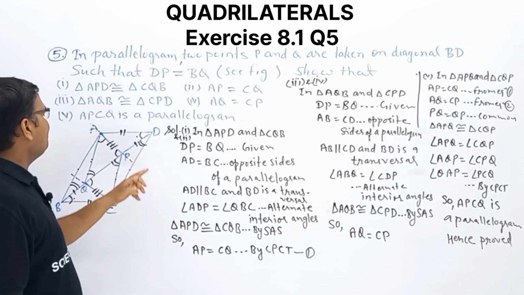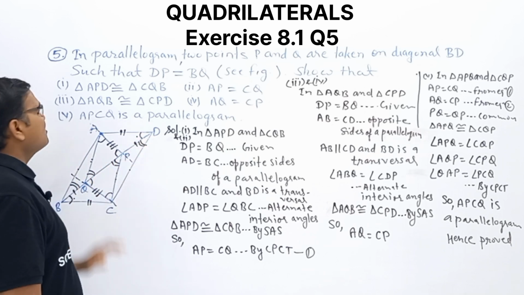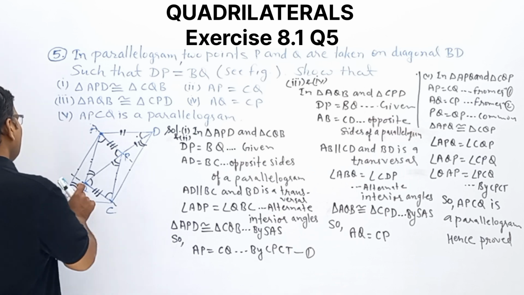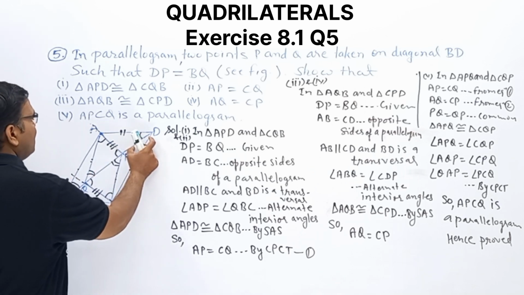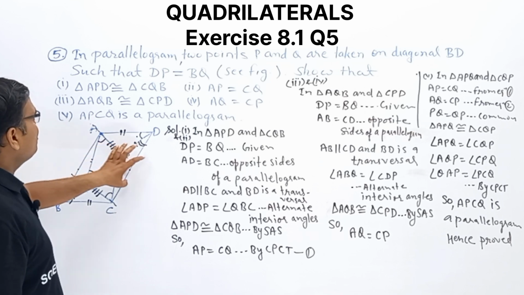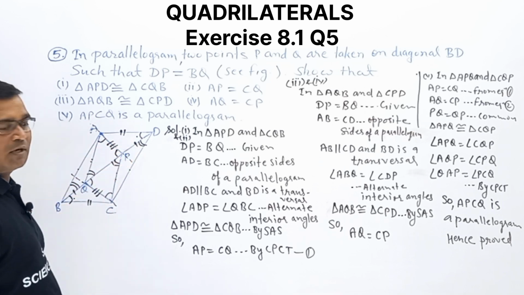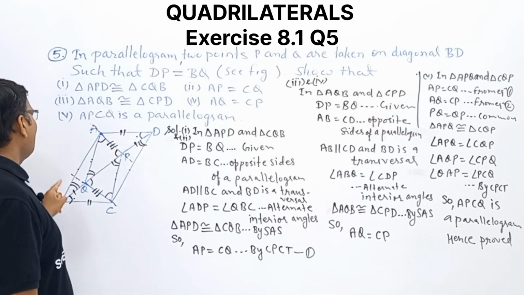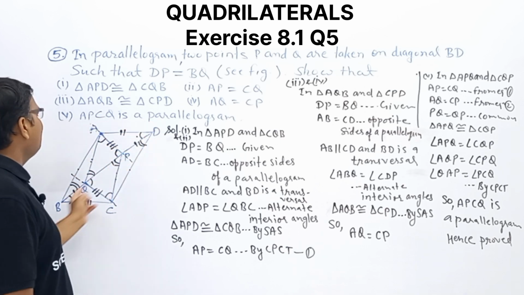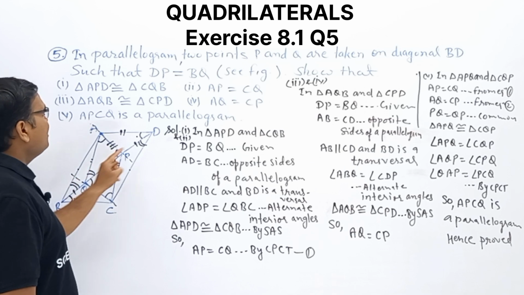Now third one and fourth one, AQB and CPD, these two triangles are congruent. We want to show. So for these two triangles, BQ equal to DP given in the question. AB equal to CD, opposite sides of a parallelogram. And third one, we want to show angle. These are parallel lines. AB and CD are parallel and BD is the transversal. It means this angle equal to this one.